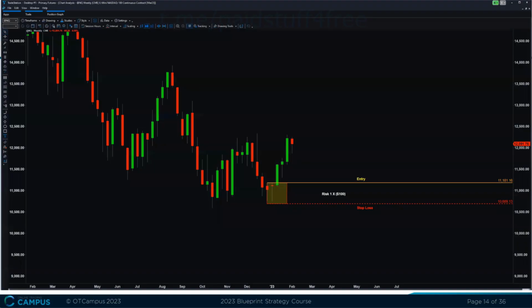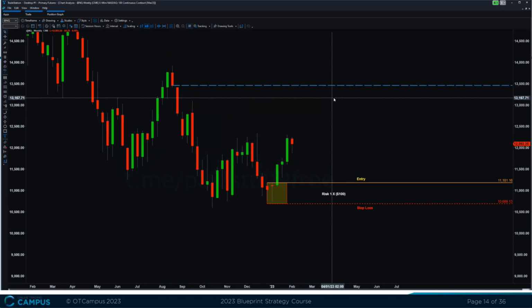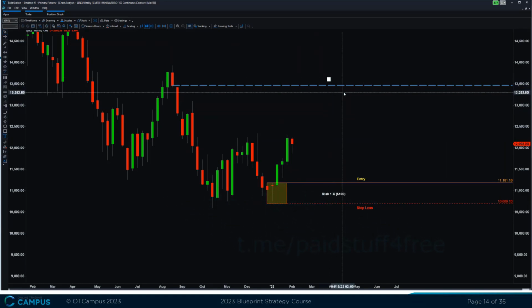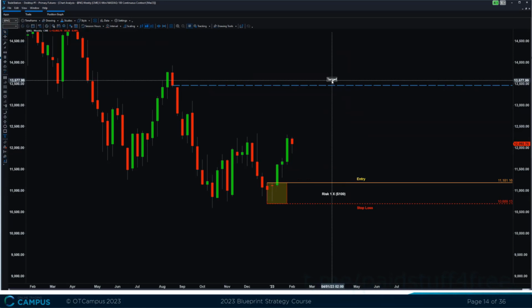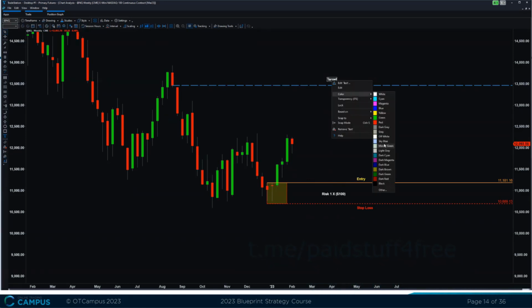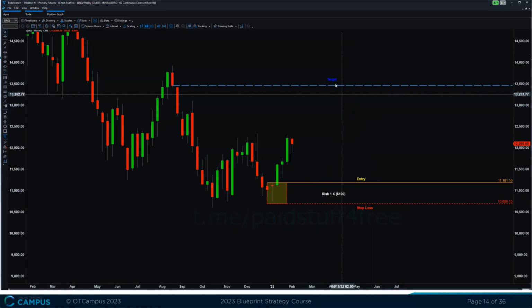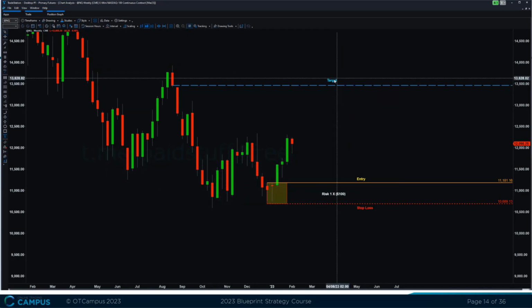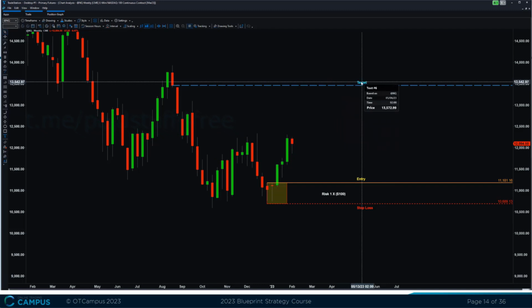So how would that look in our trade scenario where we already have the entry and the stop loss in place? Now we can place a target. Let's just say our target is going to be, maybe this is not a good color, our target is going to be right here.